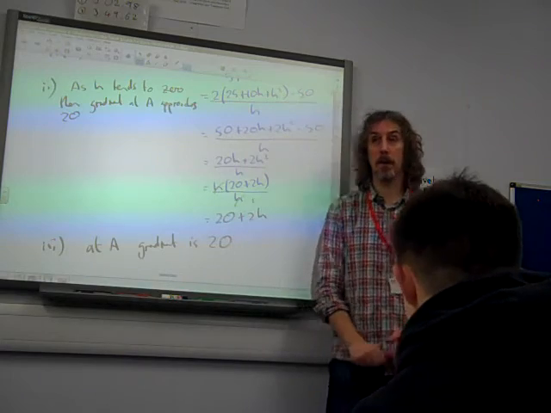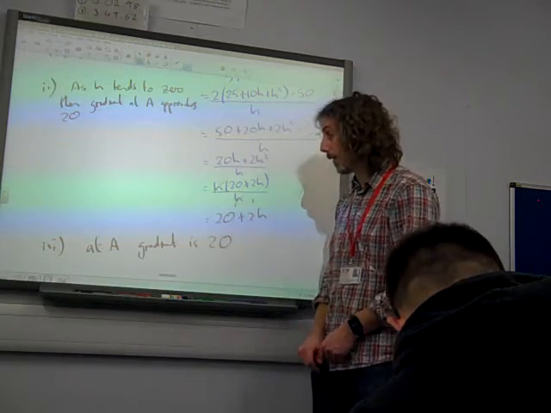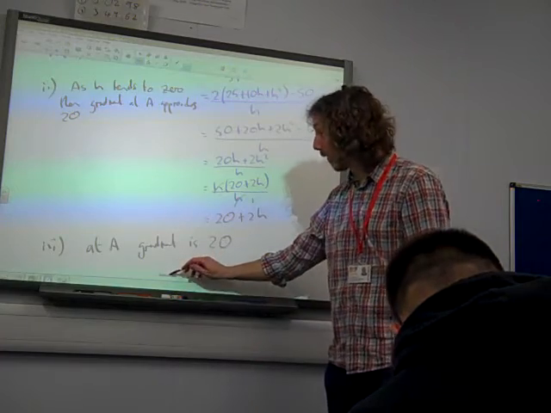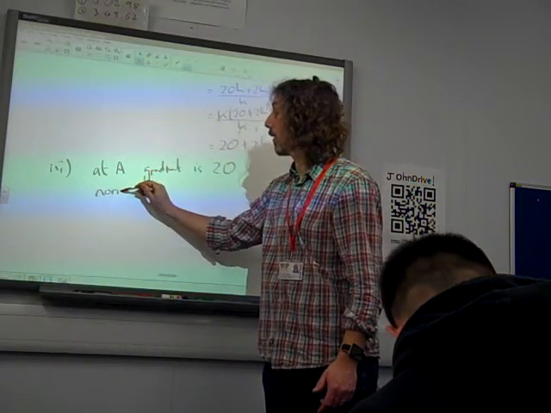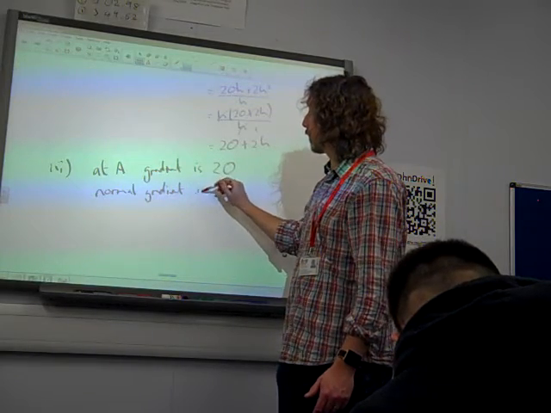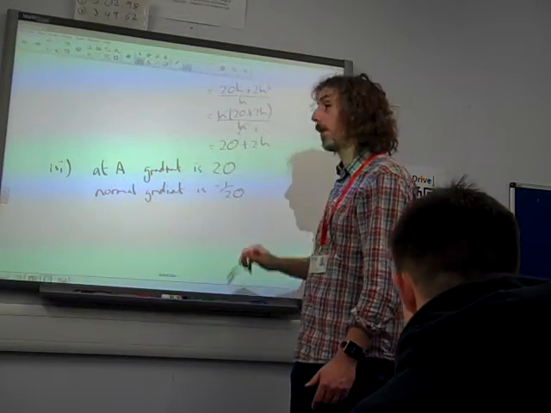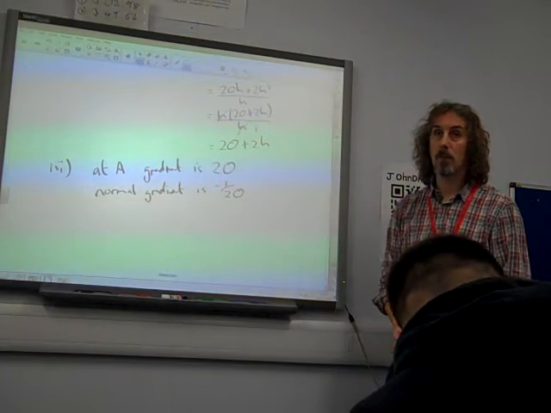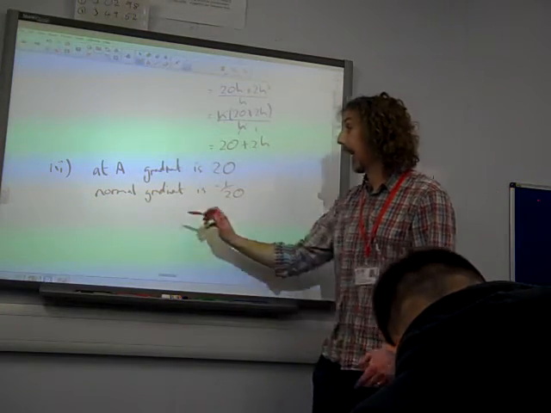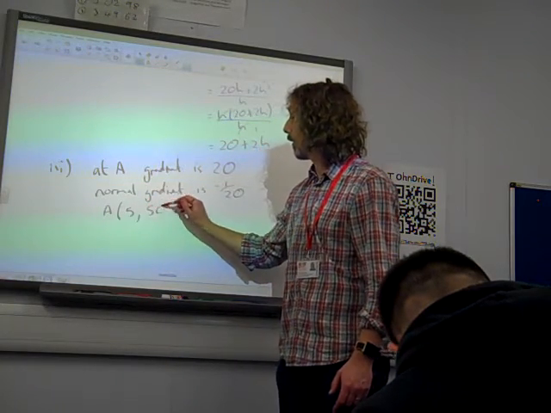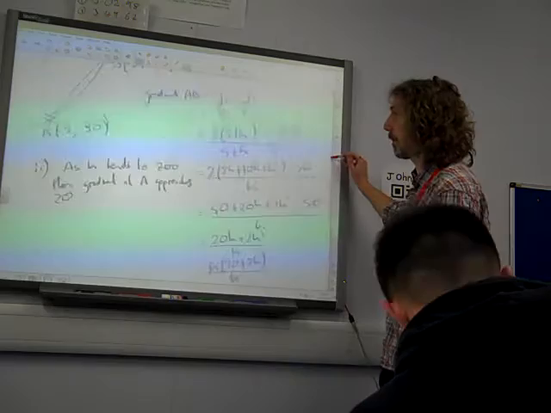Without that fact, we're going to be a bit stuck with part 3. So at A, the gradient is 20. The gradient of the normal must therefore be the negative reciprocal, so minus 1 over 20. We've already established that A is the point with coordinates 5, 50. That's what we said, wasn't it?